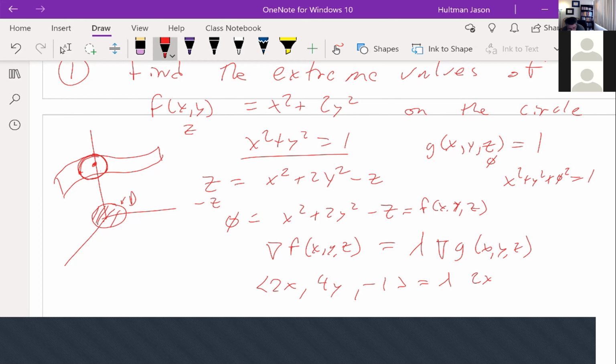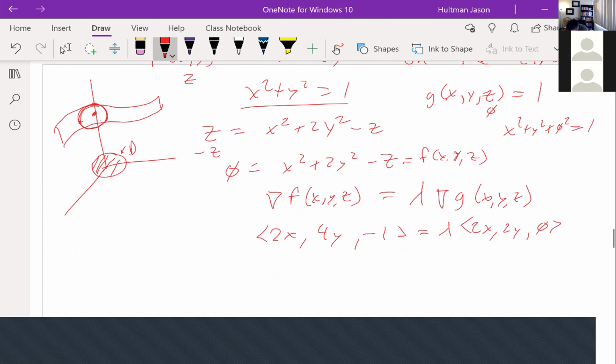What's the derivative with respect to y? That's 2y. And what's the derivative with respect to z? That's 0. Okay, so let's take a look at this for a second.